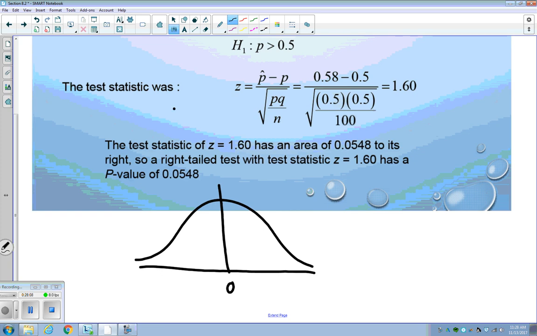So we ran through our numbers: the proportion of the sample minus the actual proportion, divided by the square root of p times q over n. We found z to be 1.6. So if I go to my table and say z is 1.60, okay?